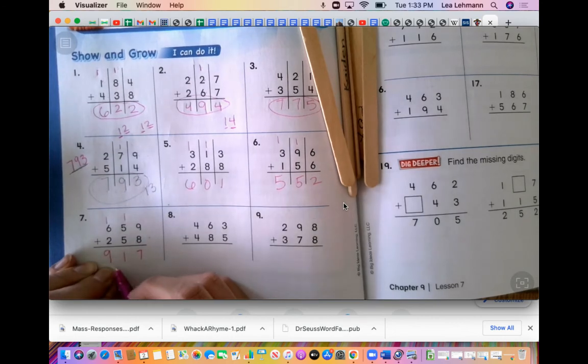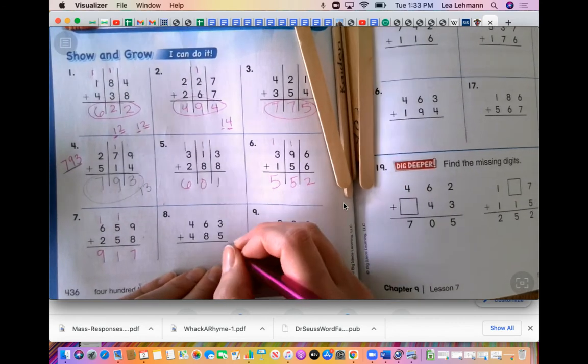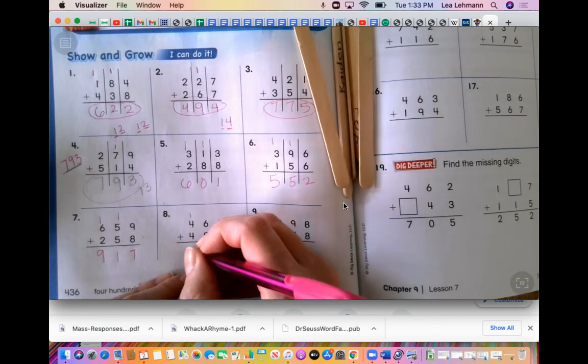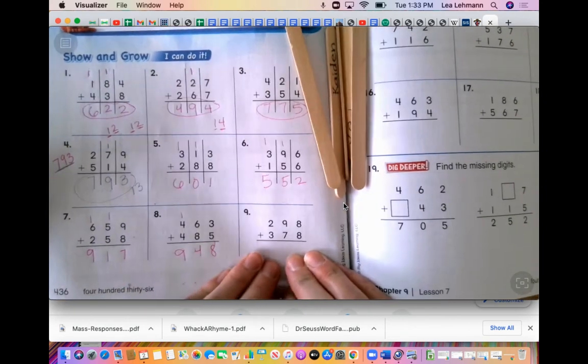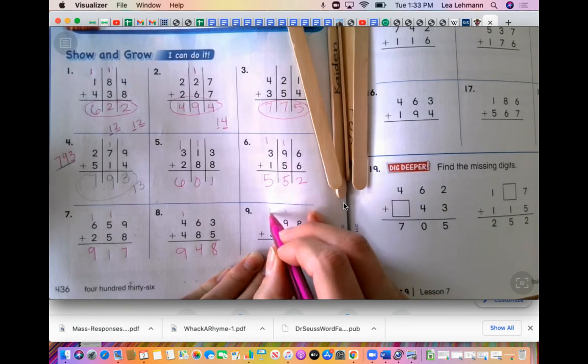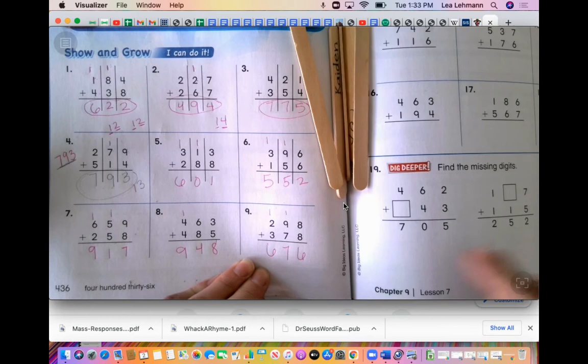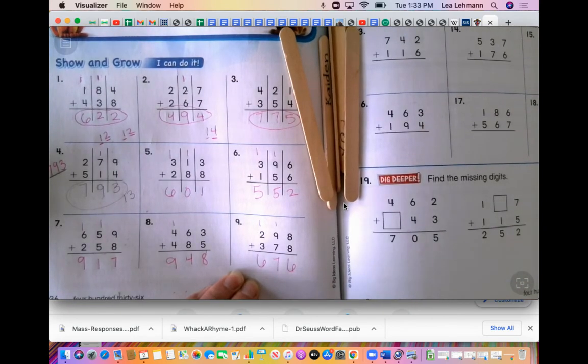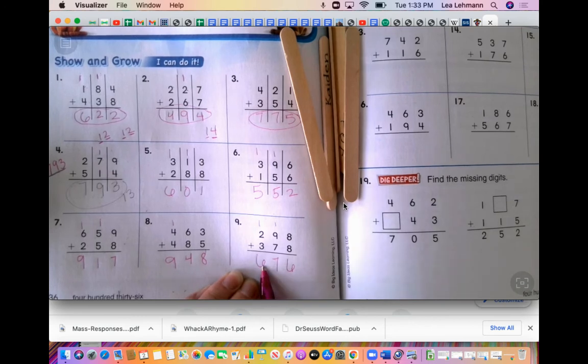Number 7, 917. Number 8, 948. And number 9, 676.